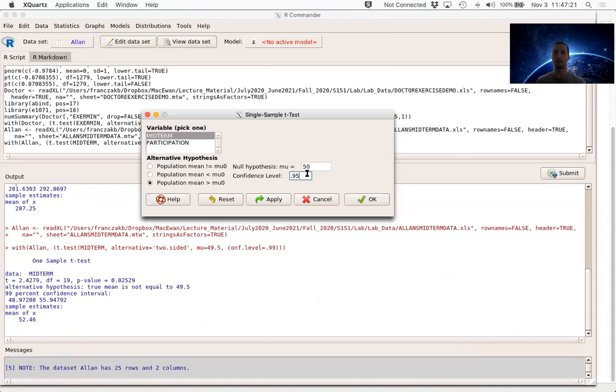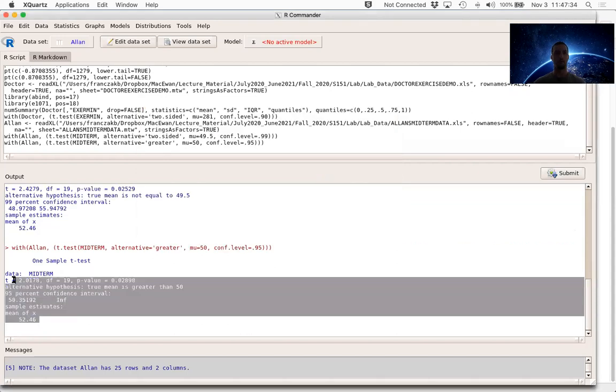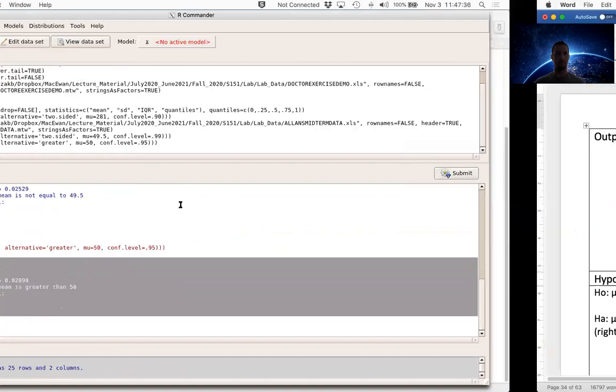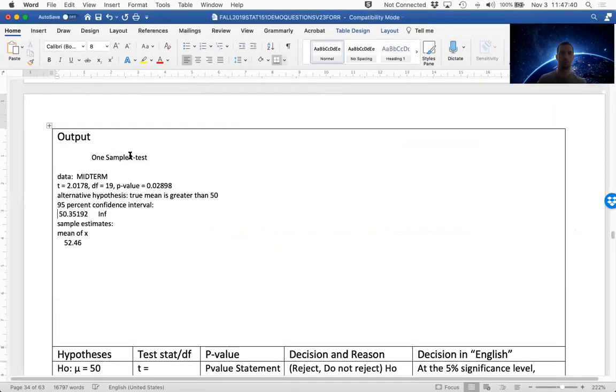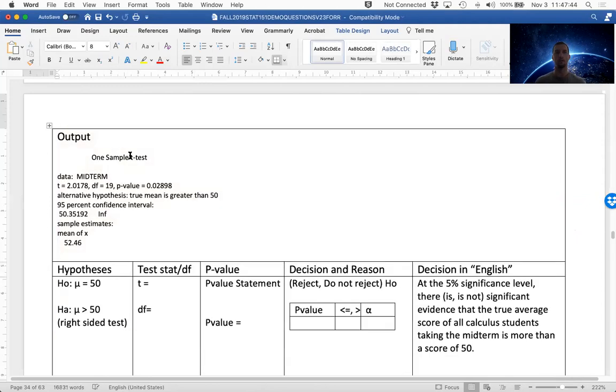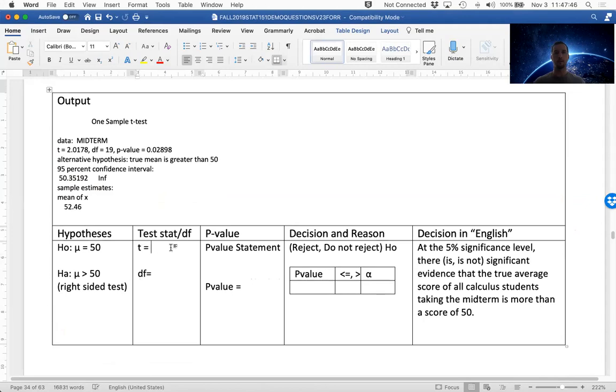Any questions before I continue? All right, so we click OK here. Here's our output. Again, our t value is 2.0178.